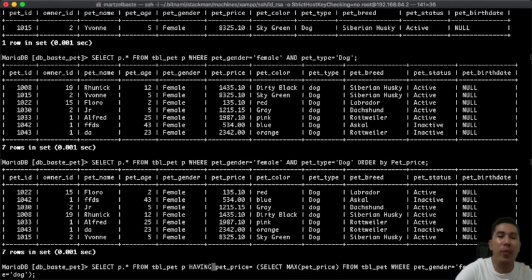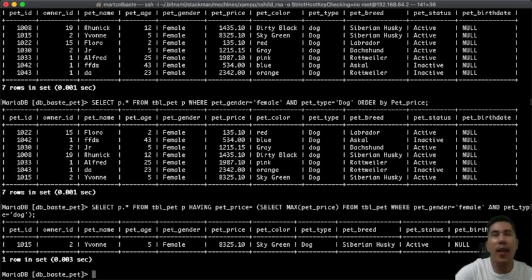So having pet price is equal to blank. So it still works, and that only means that, since we don't use aggregate functions in our outer query, we only use the aggregate function in a subquery or inner query.